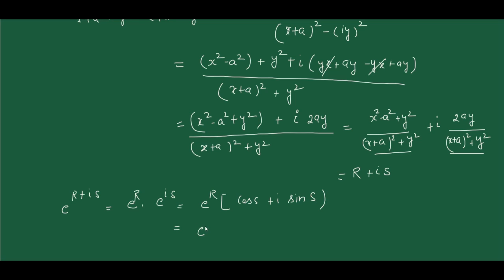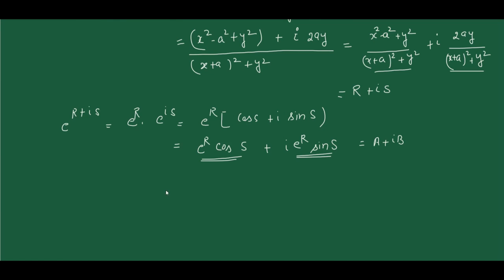So first we write this in this form, e raised to power r cos s plus iota e raised to power r sin s. So this will be the imaginary part and this will be the real part. So you can write this as a plus iota b. You have to describe the value of a and b. What is a here? A is e raised to power r cos s, and what is r?